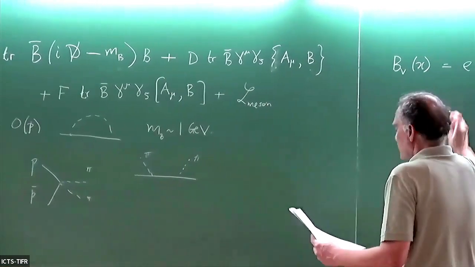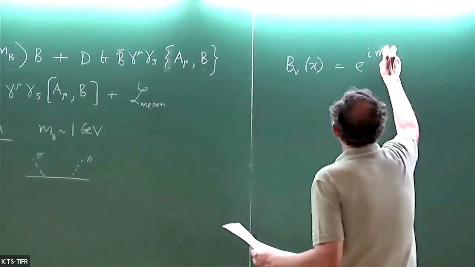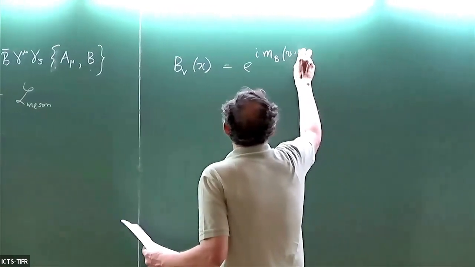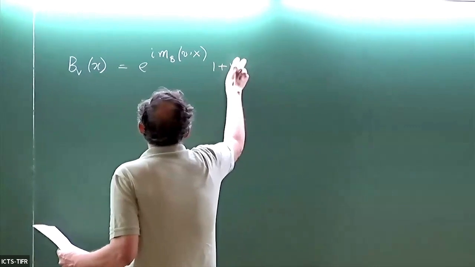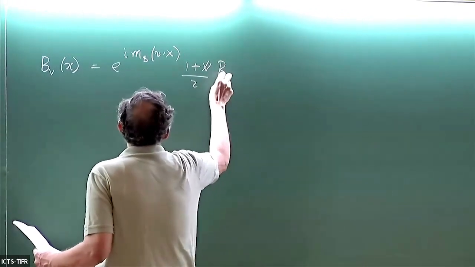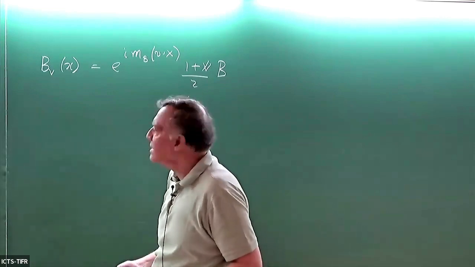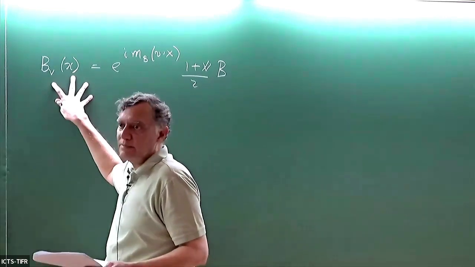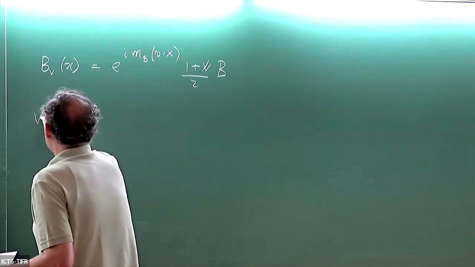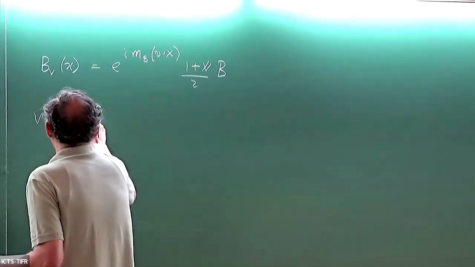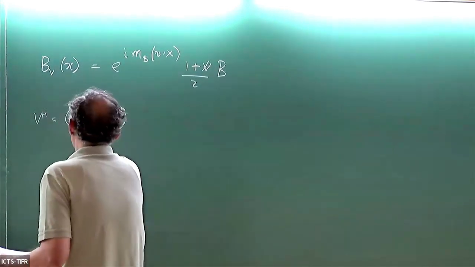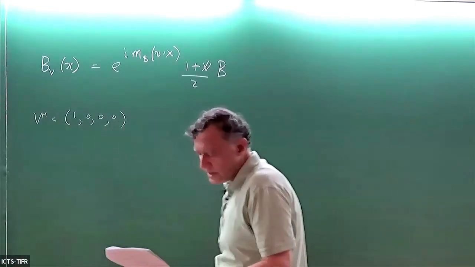Okay, so this should be familiar. It's exactly the same: e^{i M_B v·x} (1 + v slash)/2 times the baryon. So you write the chiral Lagrangian not in terms of the baryon field, but in terms of this velocity-dependent baryon field. And it's useful to think of everything in some frame. One v mu is (1, 0, 0, 0), which is called the rest frame.